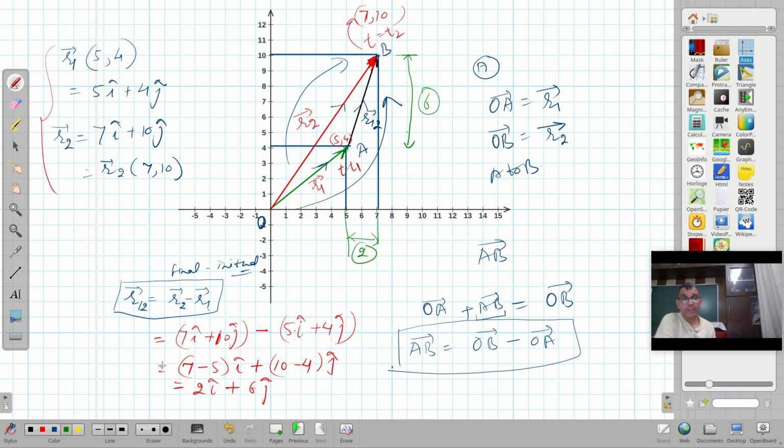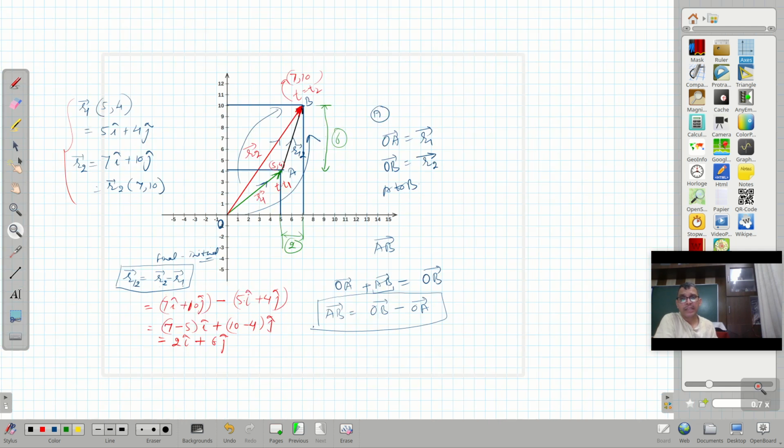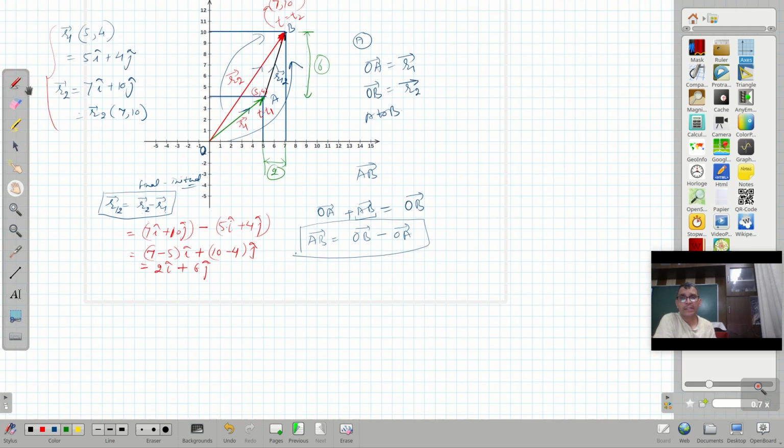Also, say I am interested in finding the position vector R21. For that, what do I have to do? In this case R2 is the initial position and 1 is the final position. So it is represented by R1 minus R2 vector.